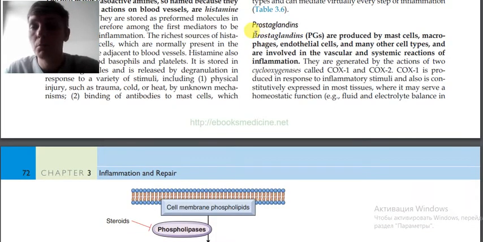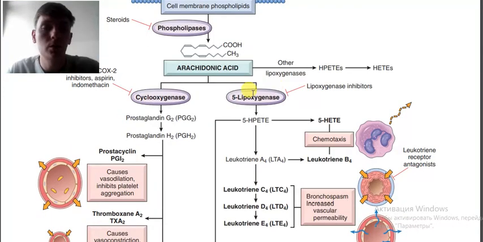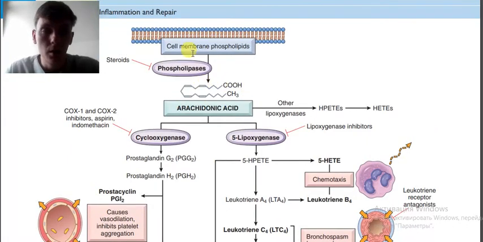Okay, prostaglandins are produced by mast cells, macrophages, endothelial cells, and many other cell types and are involved in the vascular and systemic reaction of inflammation. We have different prostaglandins and they are activated by cyclooxygenase. Let's take a look. Phospholipases are inhibited with the help of steroids.